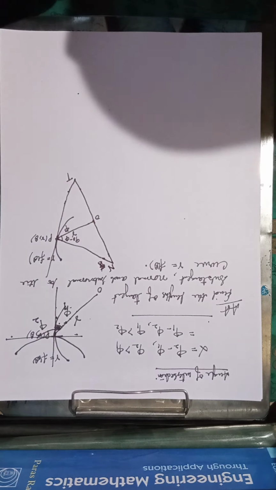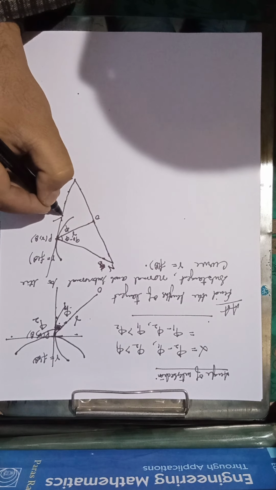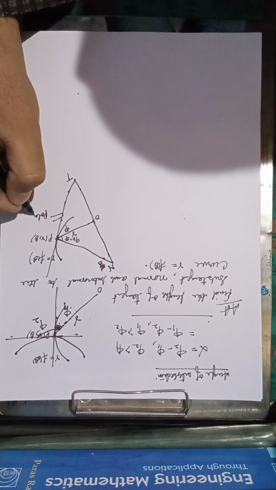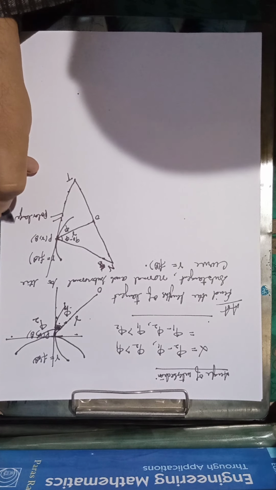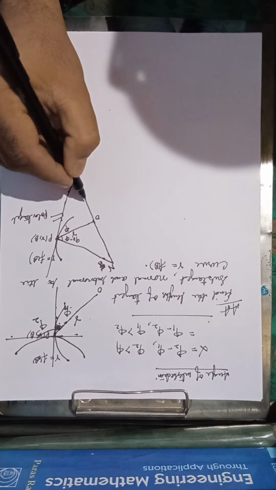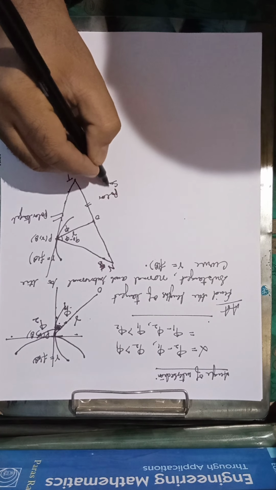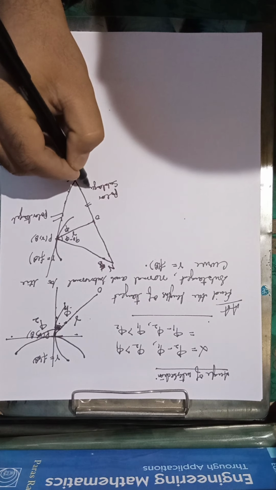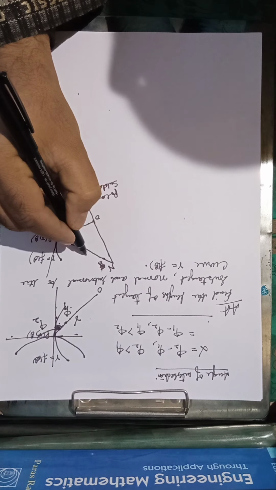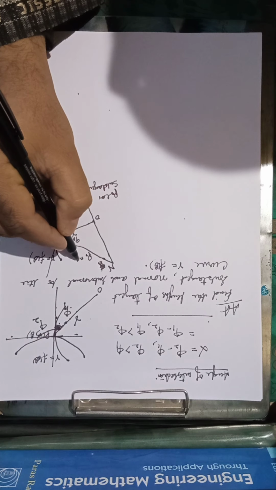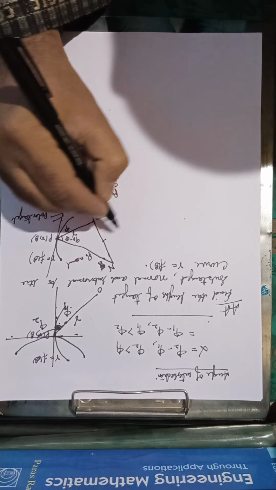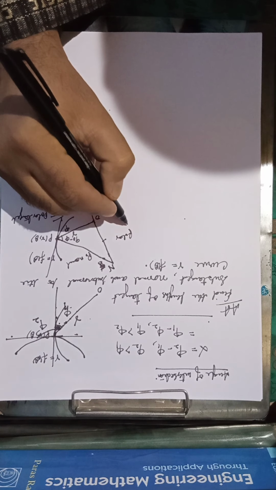Then you know this is the polar tangent PT. This is the polar subtangent. This is the normal, the polar normal, and this is the polar subnormal.